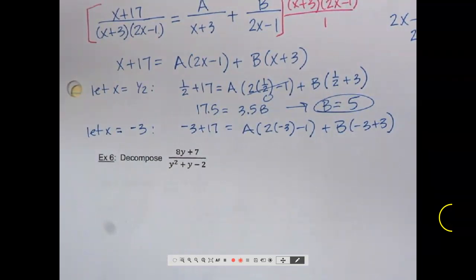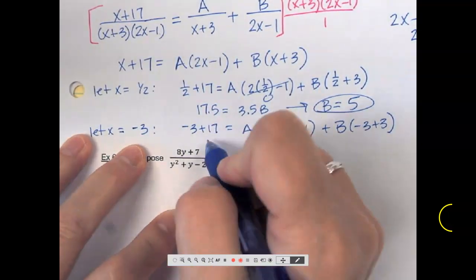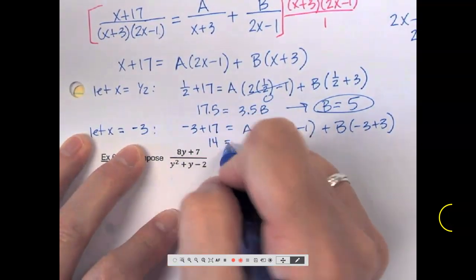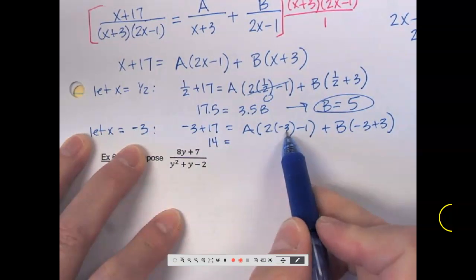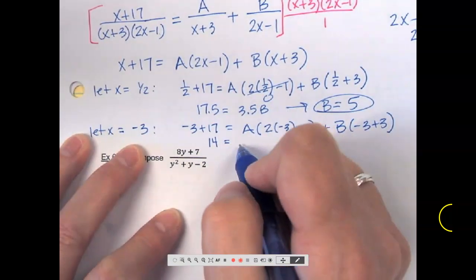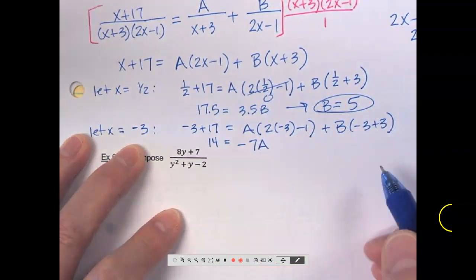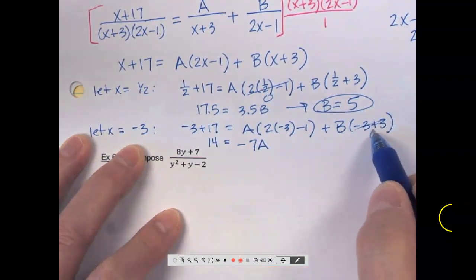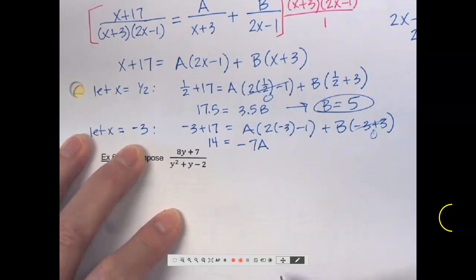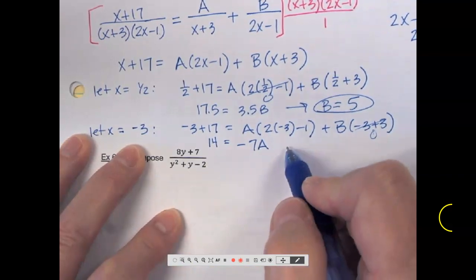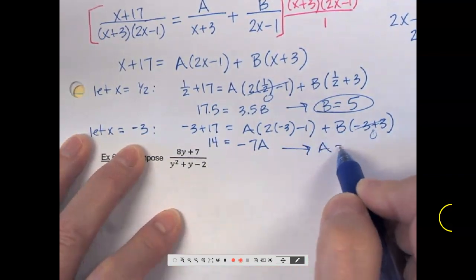Good? Okay, simplify. Negative 3 plus 17 is 14. 2 times negative 3 is negative 6 minus 1 is negative 7a. And this is 0. B times 0 is 0. So if 14 equals negative 7a, what is a?